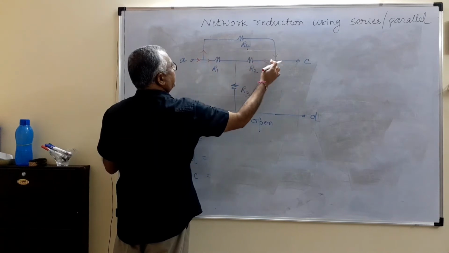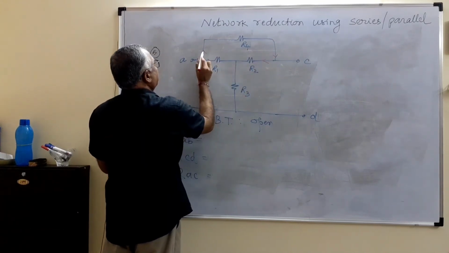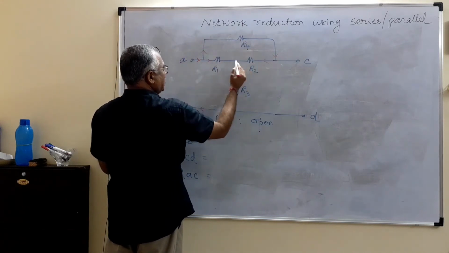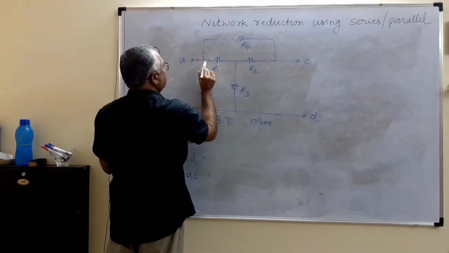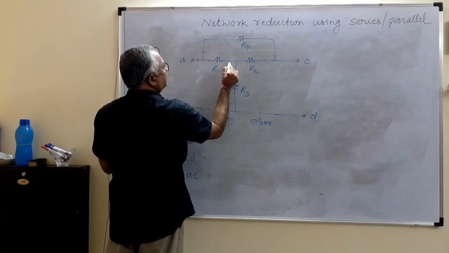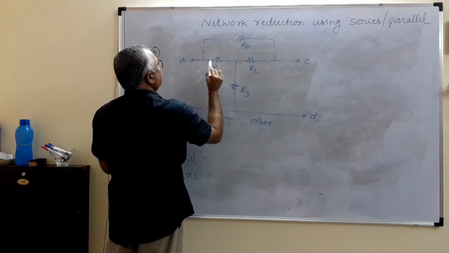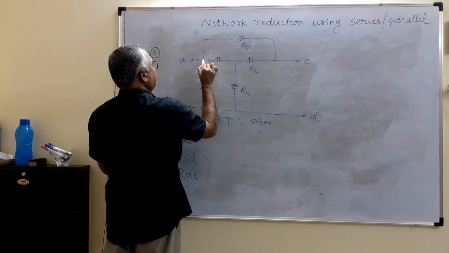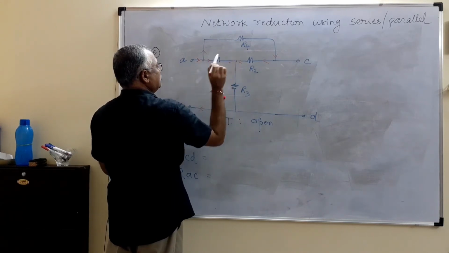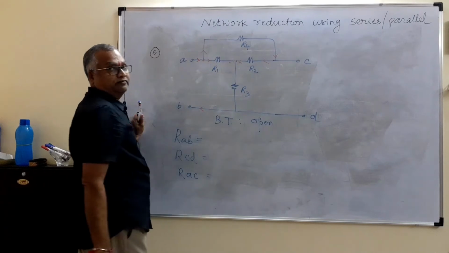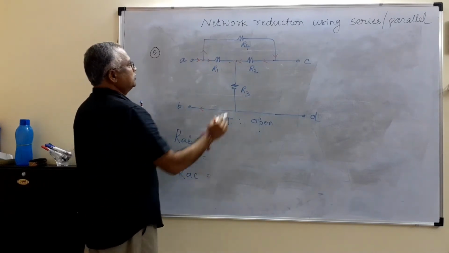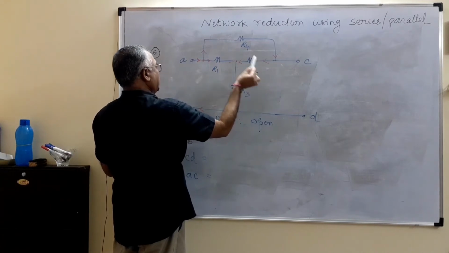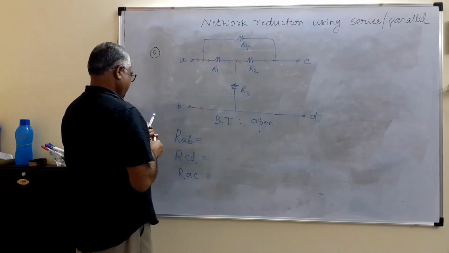So this current remains same. And here the current is dividing, and these divided currents are added up here. So this current coming here, this current coming here. These divided currents are combined here. Therefore, between this point and this point, voltage same, current dividing. That means what? R4, R2 series, parallel with R1.